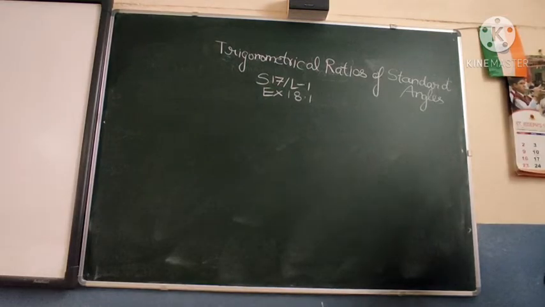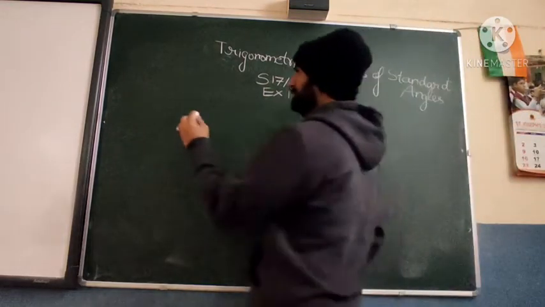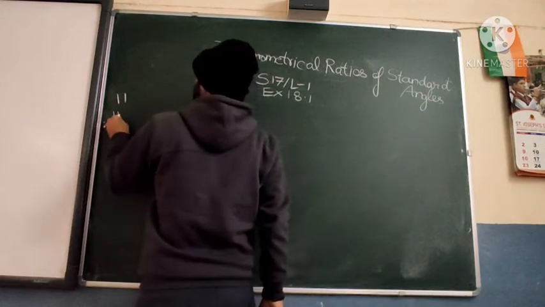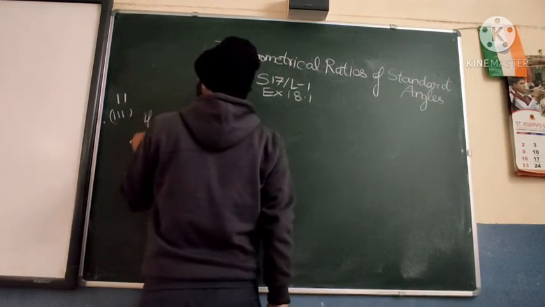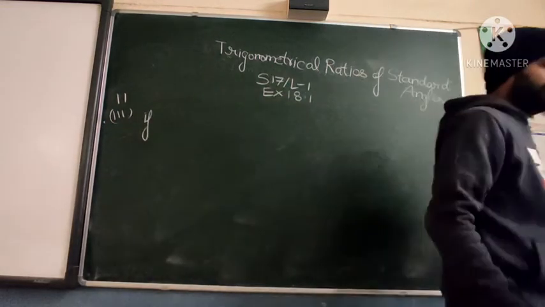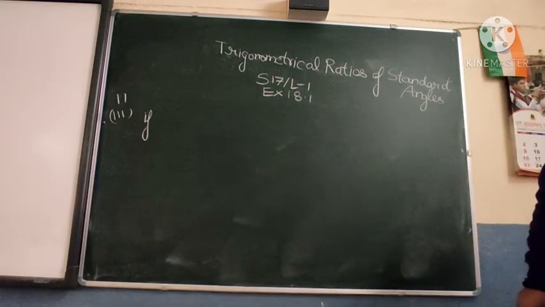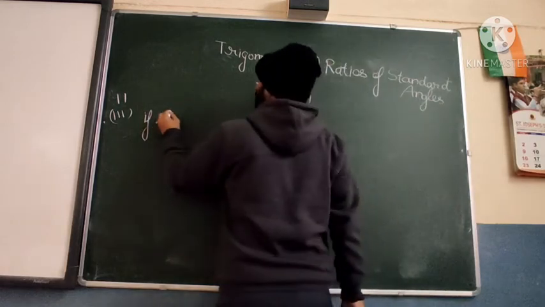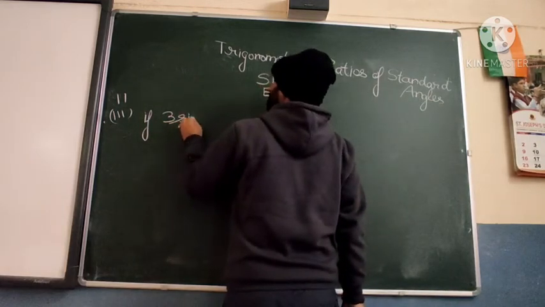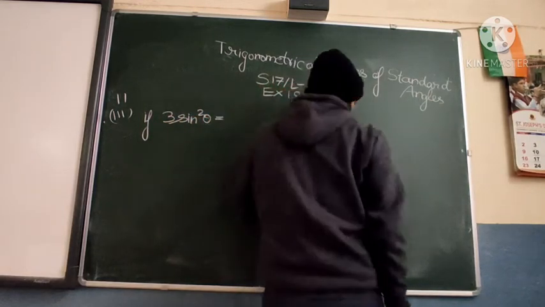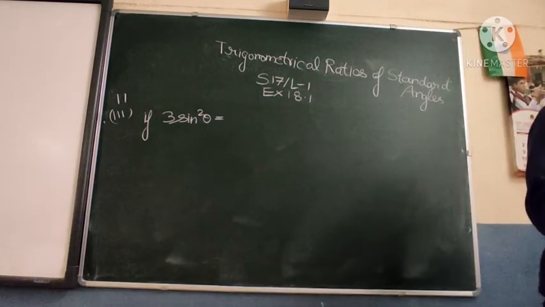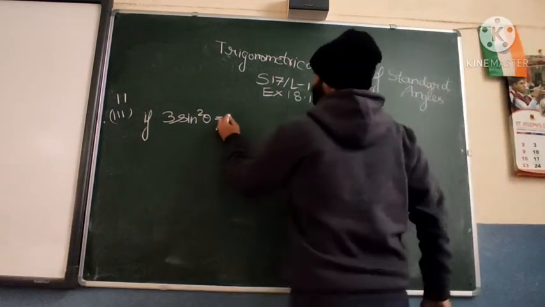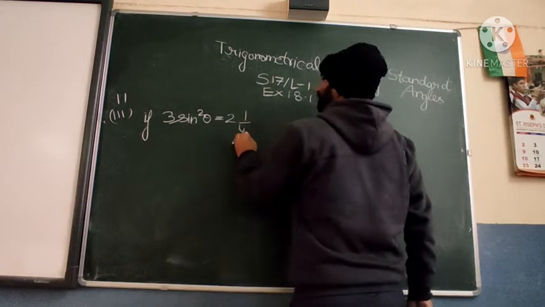Let's write the question first. If 3 sine square theta is equal to how much? It is given as 2 whole 1 by 4.